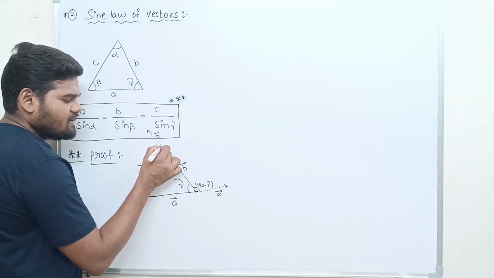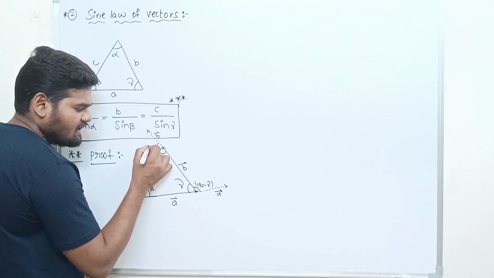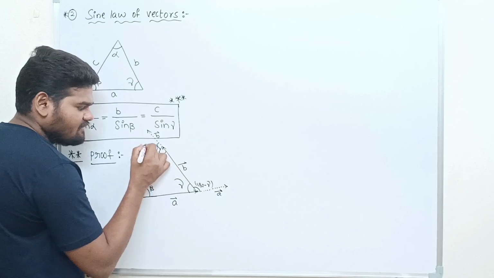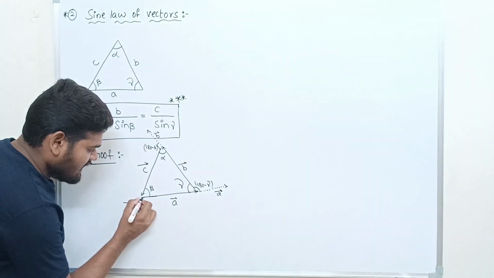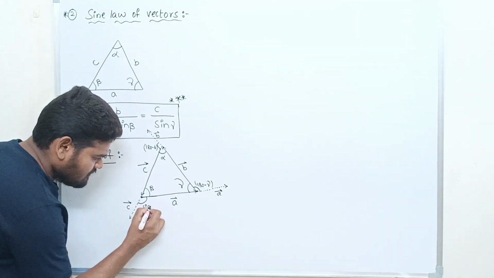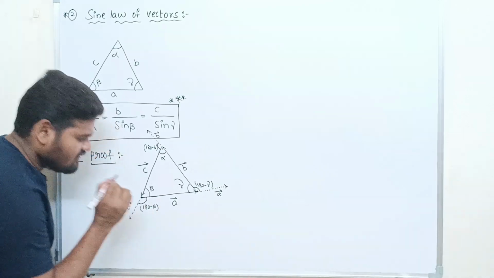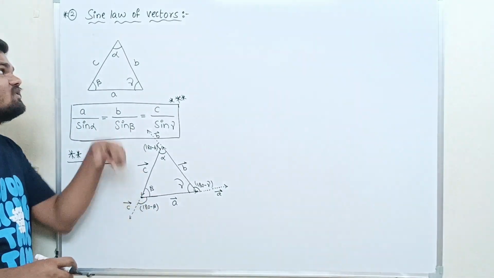Now the angle between B bar and C bar vector is how much? Here alpha is there, so you will get 180 minus alpha. We already discussed this a few minutes ago. So now what is the angle between the C and A bar vectors? 180 minus beta.